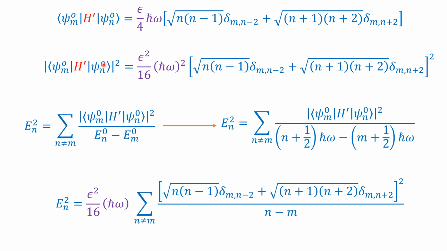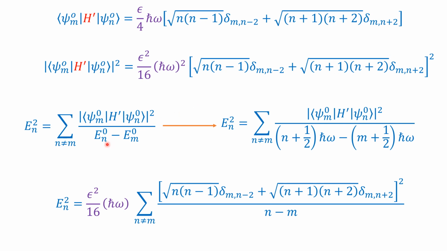Now, in order to find the second order energy correction, you take the modulus square of this term. Then this will become epsilon squared over 16, 4 squared is 16, and h cross omega squared, and this entire term inside the bracket is squared.